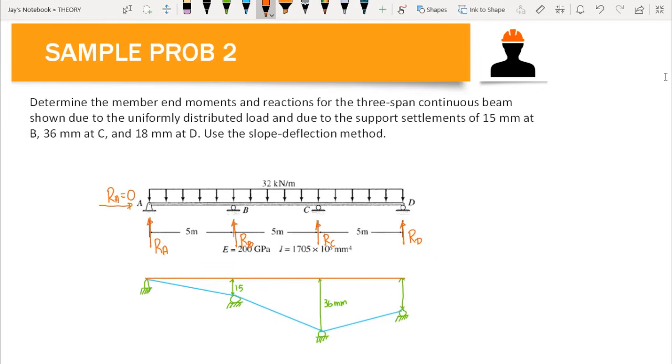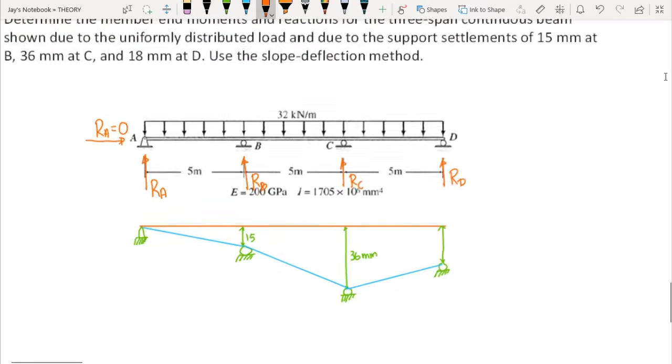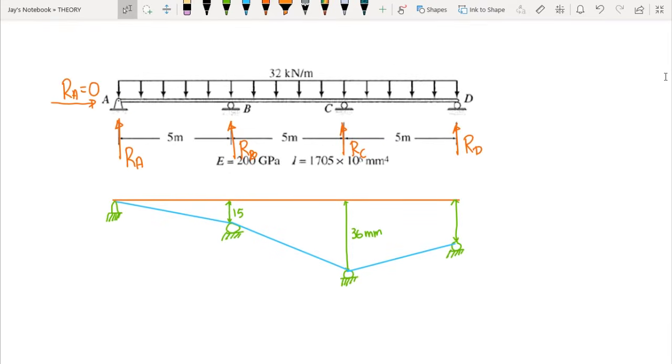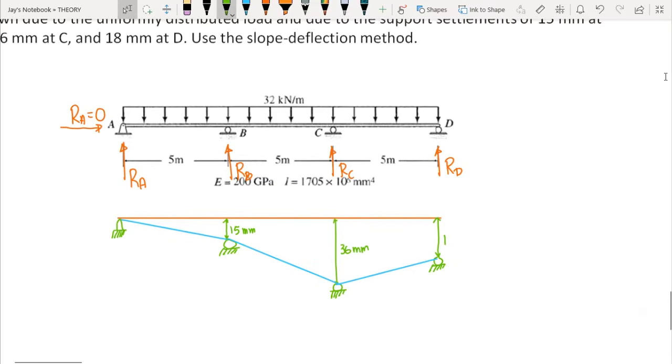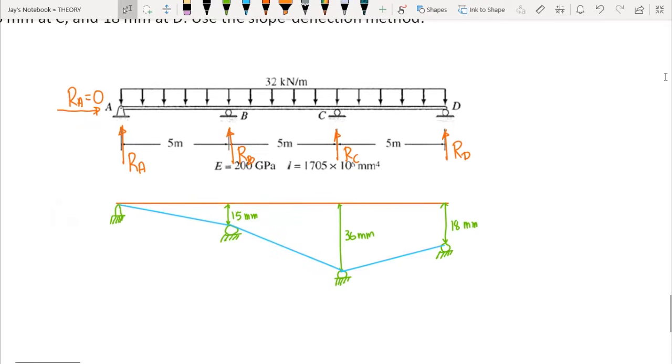But due to the support settlement, we have this exaggerated deflection of our beam in which B would settle 15 millimeters, C would have a settlement of 36 millimeters, and D would have an 18 millimeter settlement. So again, since we have settlement, our chord would have a rotation.